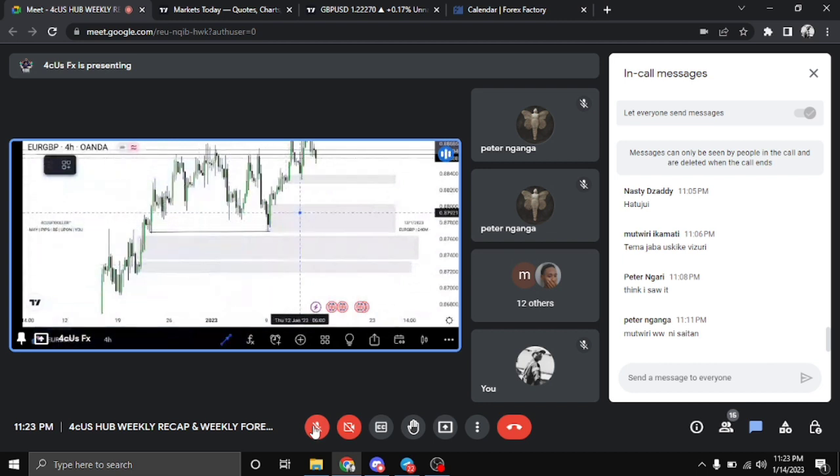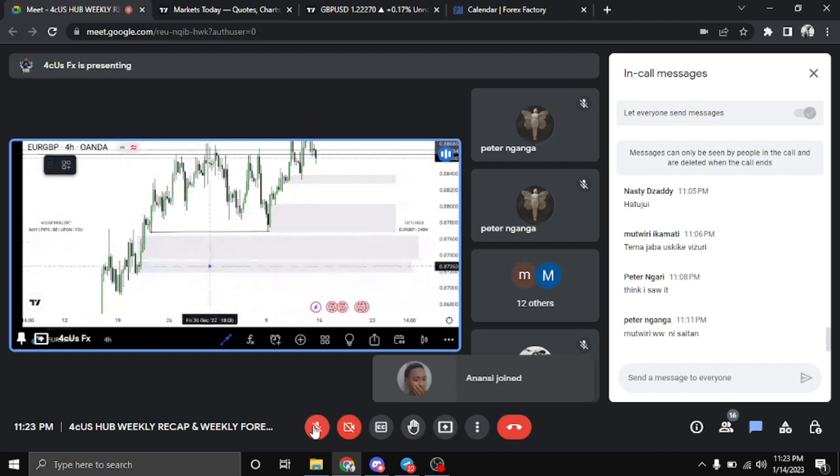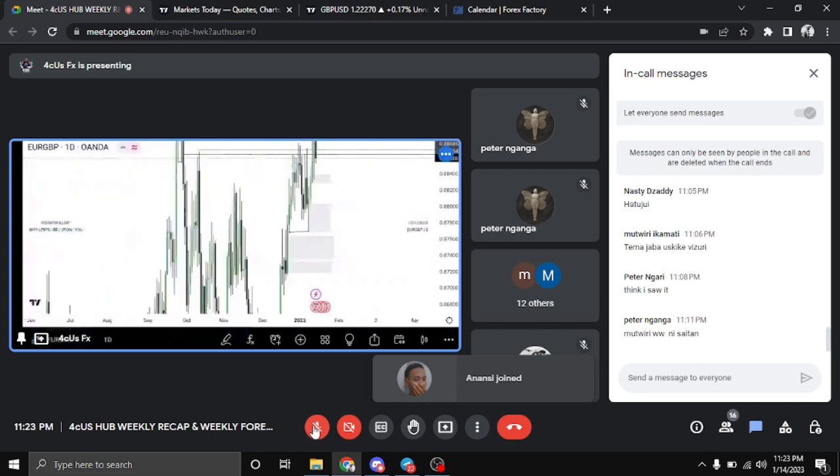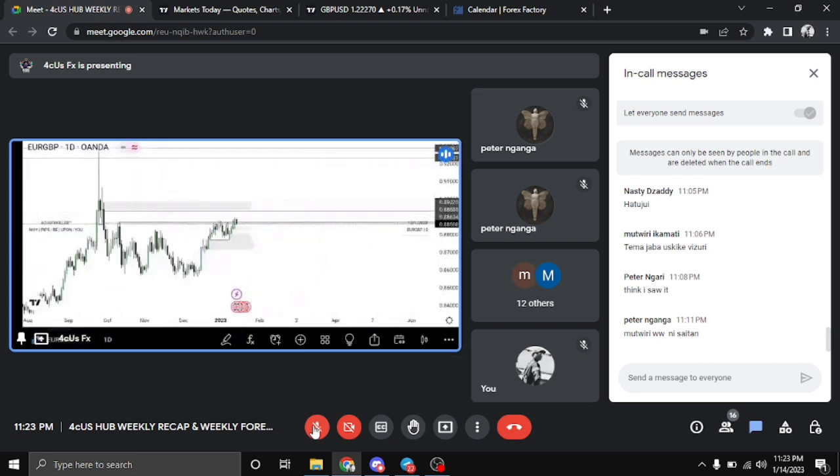So this demand hii iko hapa, as much as inakaa appropriate ya kuingia on a lower time frame, mimi siwezi kuingia. Why? Because kuna inducement iko hapa, and anyone mwenye ataingia hapa bila confirmation anaweza kuwa induced, price ikakuja kufill void yenye iko hapa, kisha ikatap this demand yenye iko hapa, because the trend bado ni a bull trend.